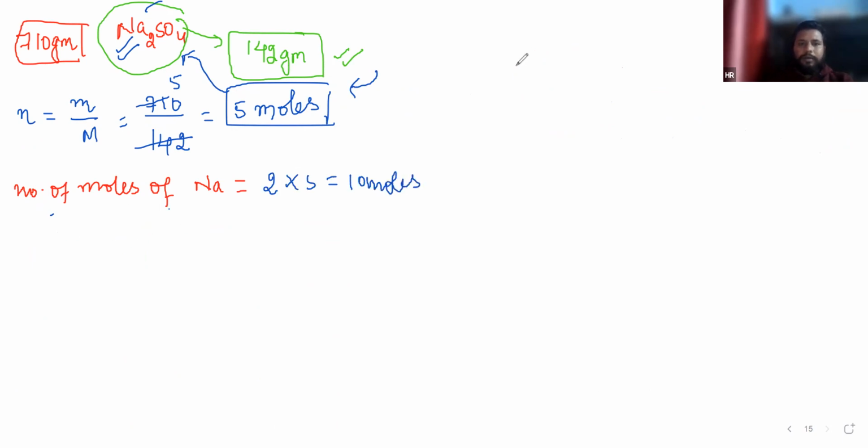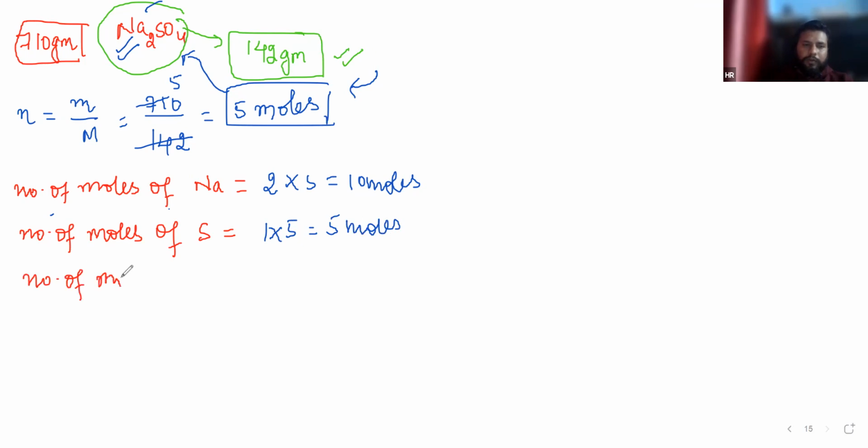Now, the number of moles of sulfur, how many atoms are present? 1, so 1 into 5 equals 5 moles. Again, the number of moles of oxygen. How many atoms of oxygen are present in Na2SO4? 4. And how many moles of Na2SO4? 5. That will be equal to 20 moles.